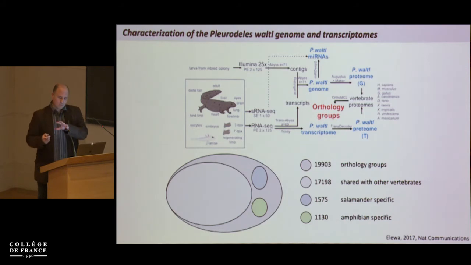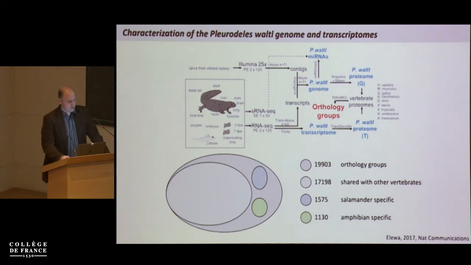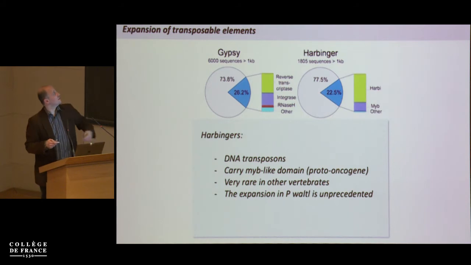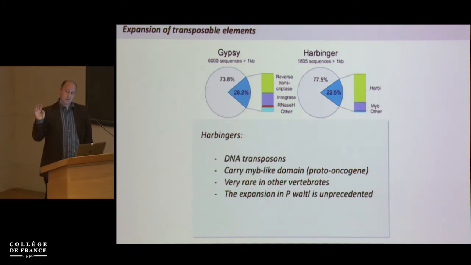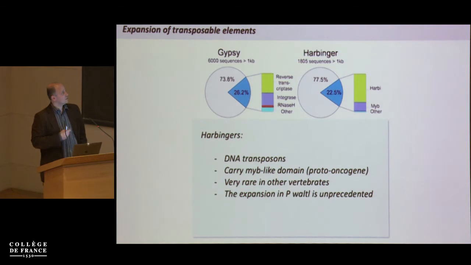Why the genomes of the salamanders are so large is not known, but we have seen expansion of a number of elements, and especially transposable elements, gypsy and harbingers.